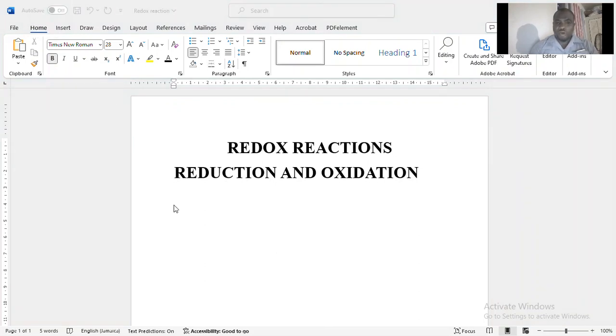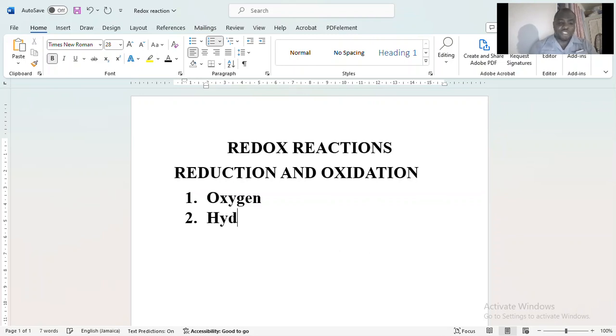Now, reduction, what exactly is reduction? What exactly is oxidation? You can look at it in four different ways. Four things you can zero in on to deal with oxidation and reduction. All right. So one of which is oxygen. The other way we can look at it is in terms of hydrogen.